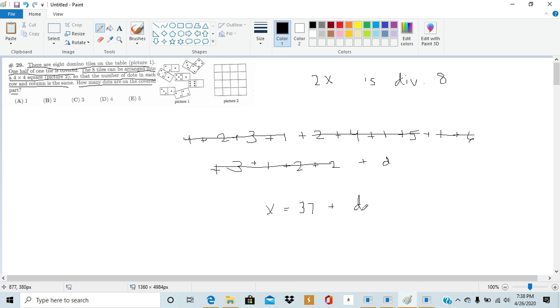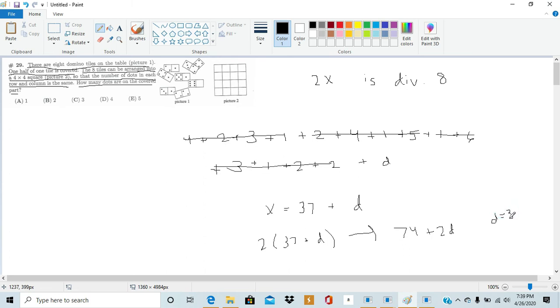So then if we multiply by 2, we get 2x to be 2 times 37 plus d, which would give us 74 plus 2d. And we need this to be divisible by 8. So let's think about it. What's the closest multiple of 8 to 74? It's 80. Now, 80 is exactly 6 away from 74. So 6 is equal to 2d, meaning that d is equal to 3.